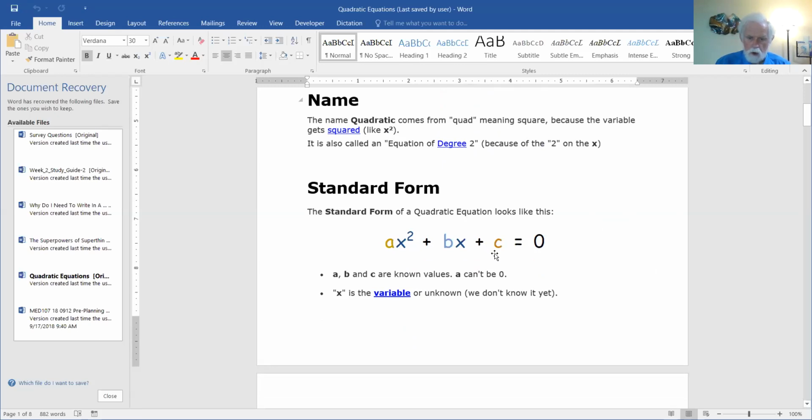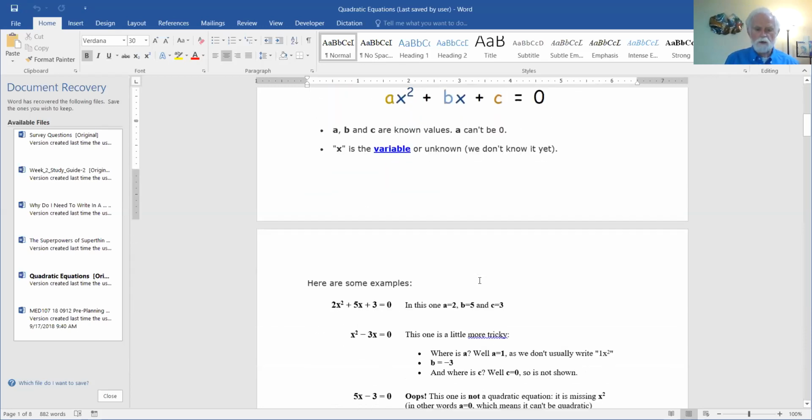If there is no constant at the end, it's assumed to be 0. The only thing is a can't be 0, because then we don't have a quadratic equation, since the x squared term is gone. And x is what we use, but it can be y, z, or anything else. This is our standard format.